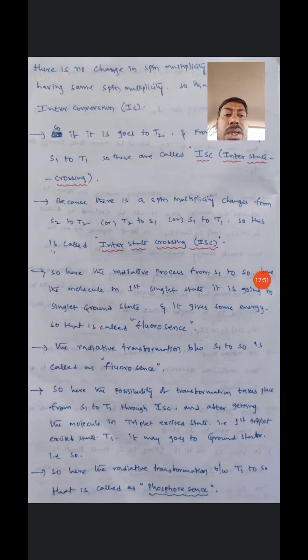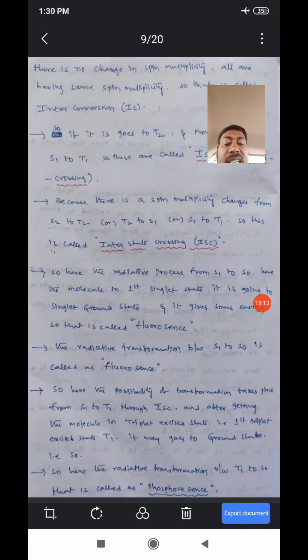The radiative transformation between S1 to S0 is called fluorescence. There is also a possibility of transformation from S1 to T1 through ISC.